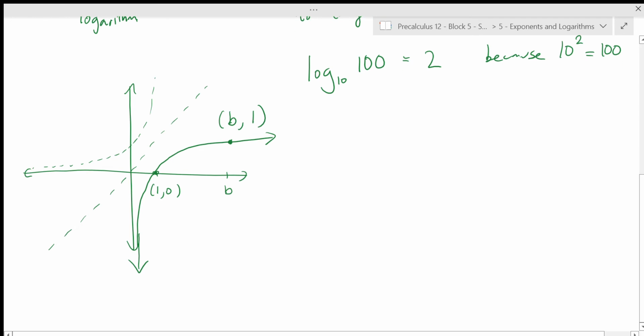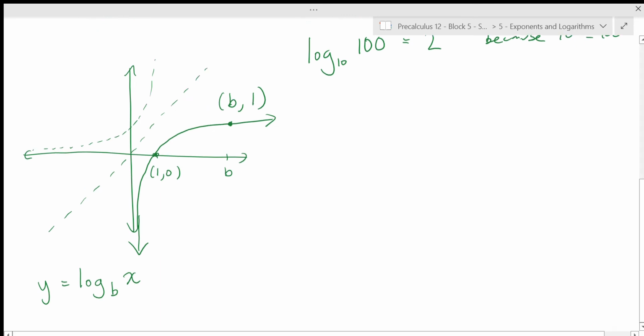So this is a graph of y equals log base b of x with no transformation. And if we want to look at it algebraically, what that means is our x values are equal to b, whatever our base is, to the power of y.